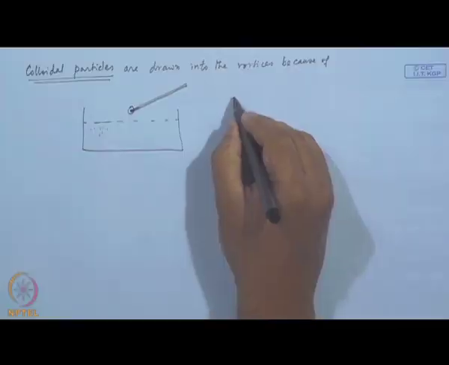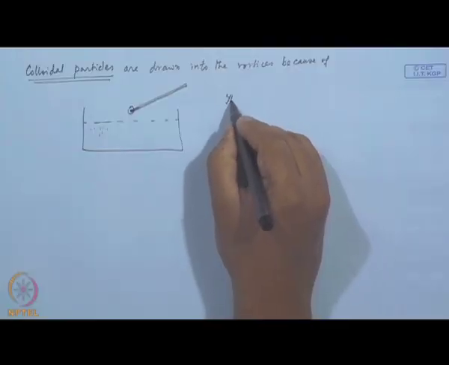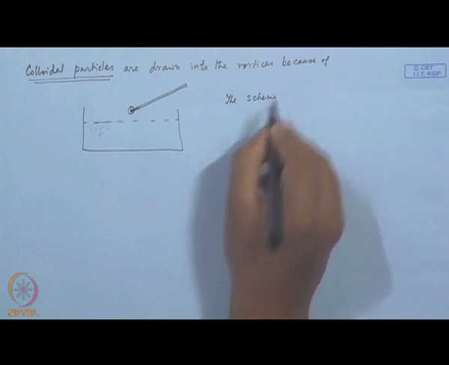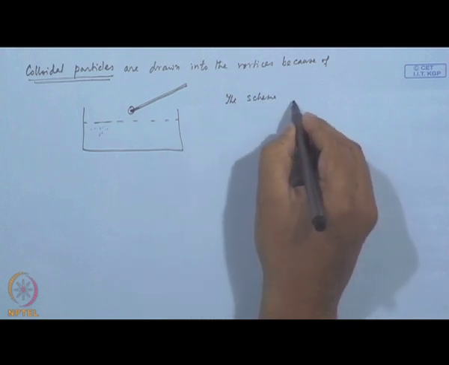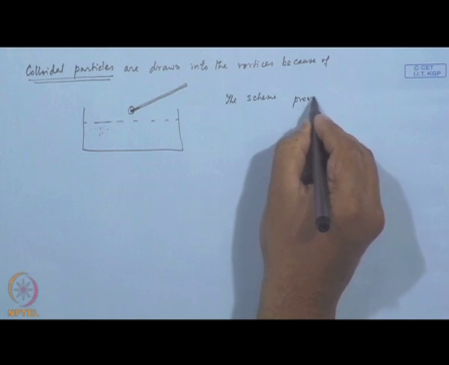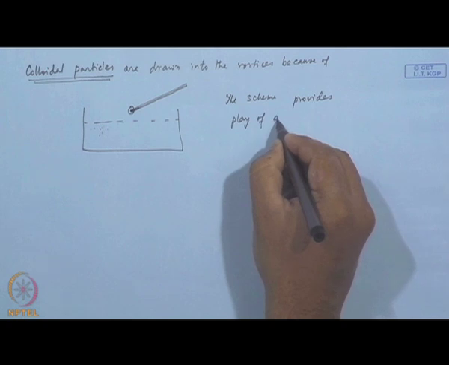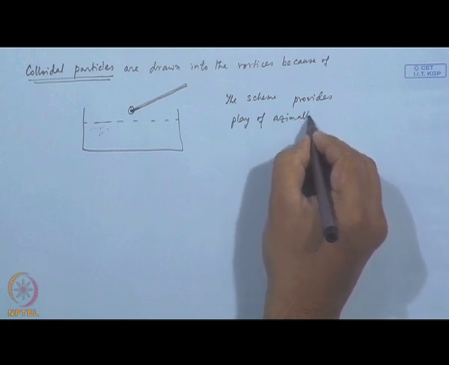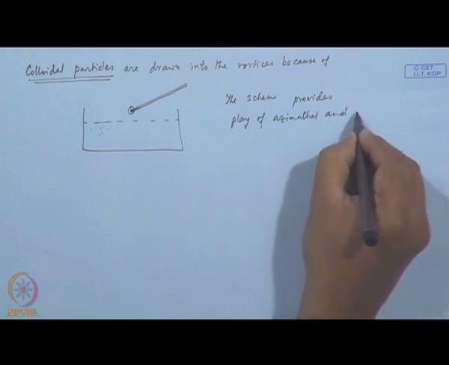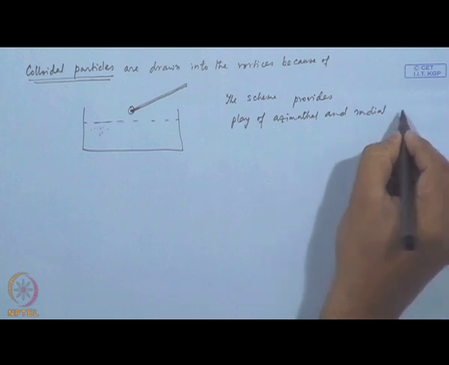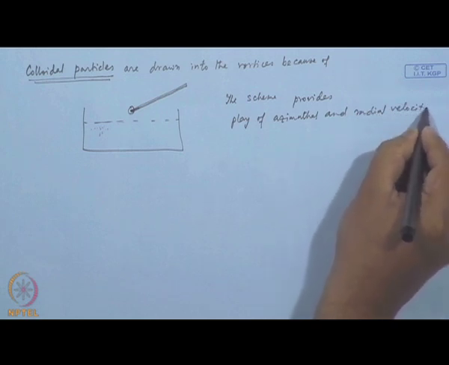bulk liquid. I mean, the idea here, this is ideally suited for use in microfluidic devices, because one is that this scheme basically provides play of azimuthal and radial velocity profiles.